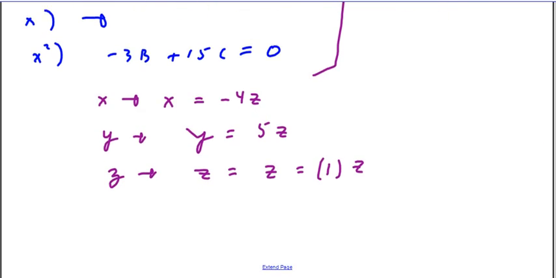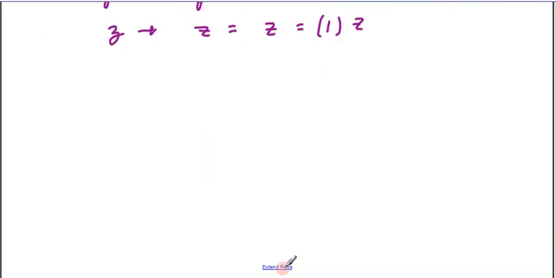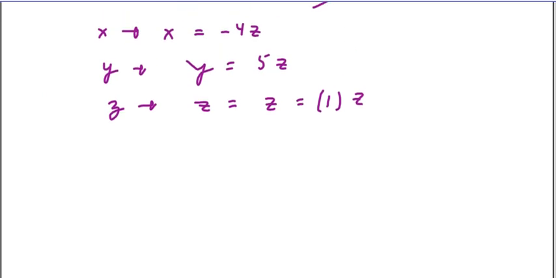Okay, so I'm going to do something cool. What is it? I don't know. We'll find out. So this means A is going to be minus 4, B is going to be 5, and C is going to be 1. That's how we're going to interpret those numbers coming in there.